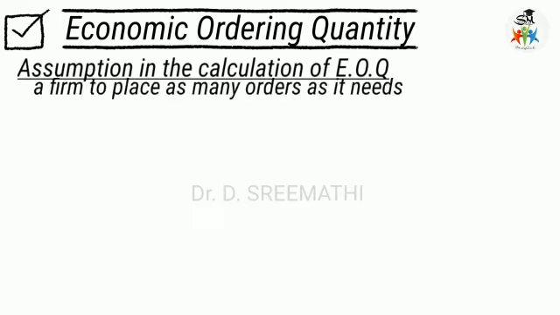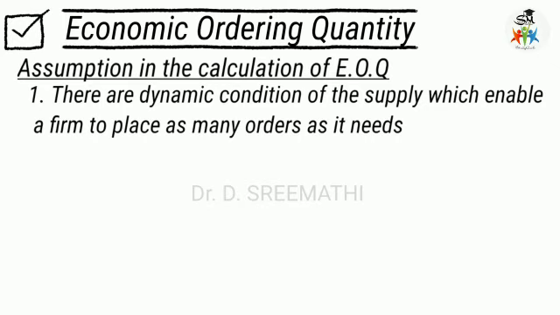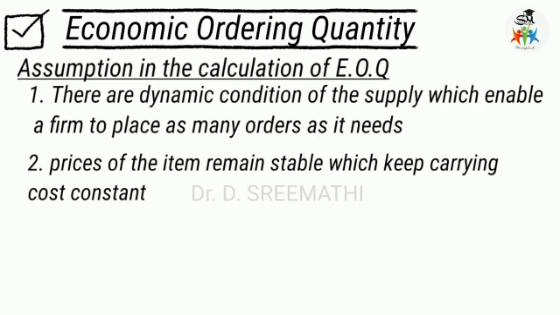Here we can say there is a dynamic condition of supply which enables a firm to place as many orders as it needs. So the company is in a position to place as many orders as it needs, first condition. And the second one is that the prices of the item remain stable, which keeps carrying cost constant. The price of the material is constant throughout the year.